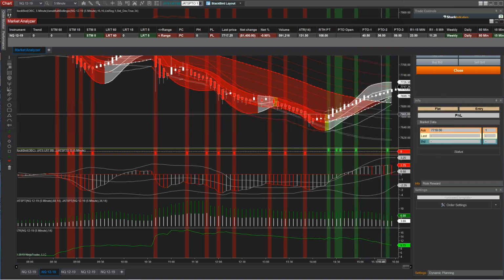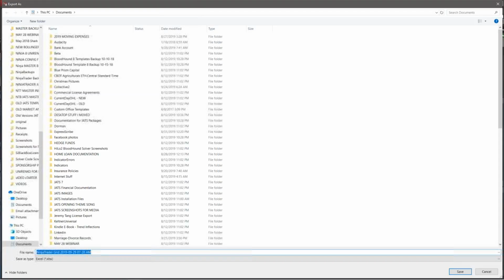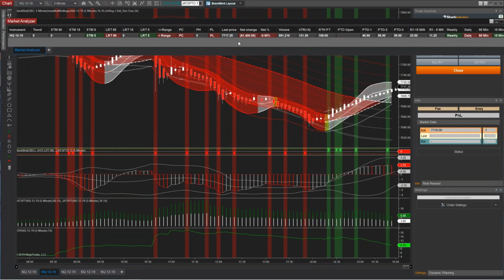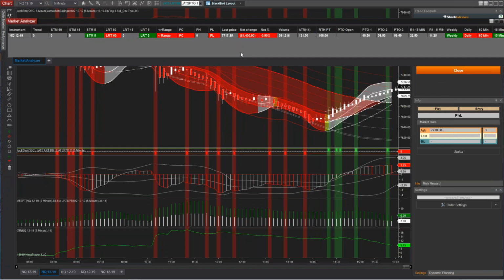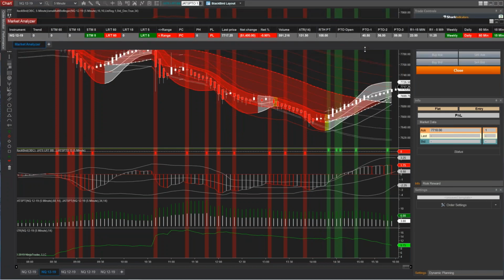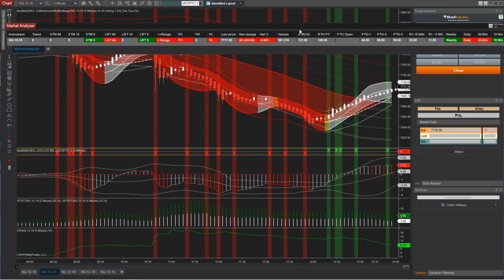I can download these PTO, I can export it to a spreadsheet, right here, export. And so export those rows out, and you can create your own spreadsheets like I have, giving me the exact levels. Then you can go into your chart, and I'll show you in the trade room how to add those levels as lines to your chart. I send the levels out in the morning for the ES and crude.